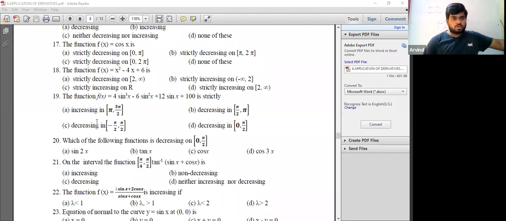Okay, let's go to the next one. Try out this. The function f of x is equal to 4 sin cube x minus 6 sin square x plus 12 sin x plus 100 is strictly increasing in which intervals? Increasing, decreasing. First differentiate ಮಾಡಿ.